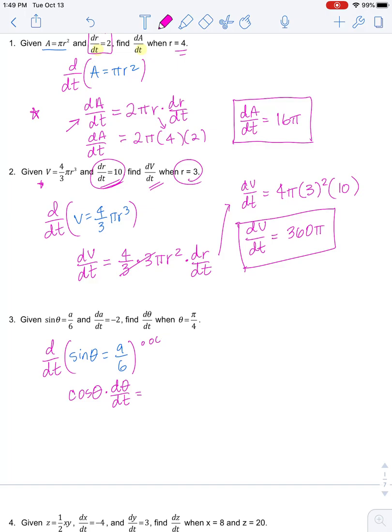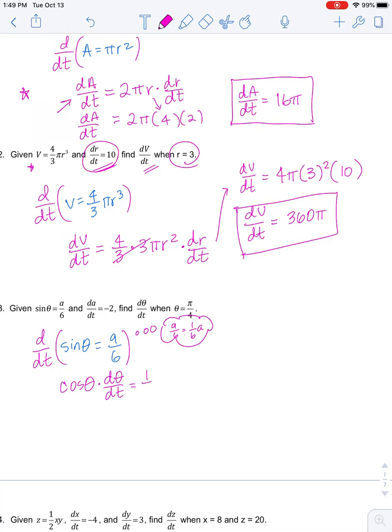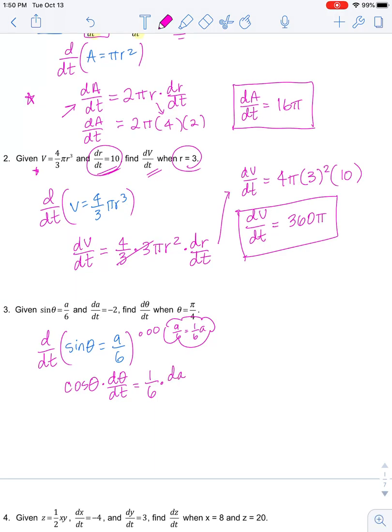So you can think in your brain that a over 6 is like 1/6 a. So the derivative of 1/6 a is just 1/6, because it's like that slope, right? And then times dA dt because it is implicit.